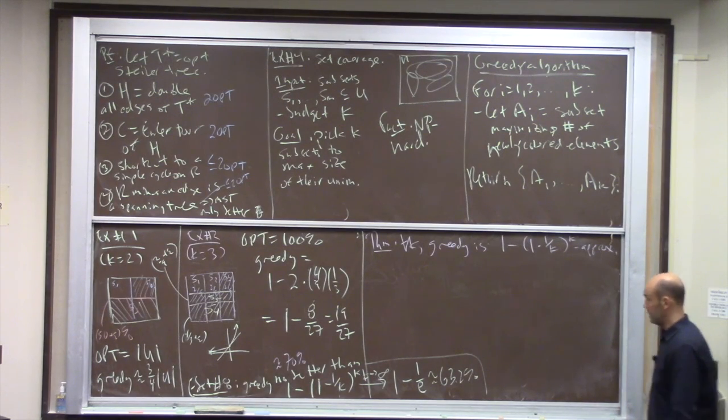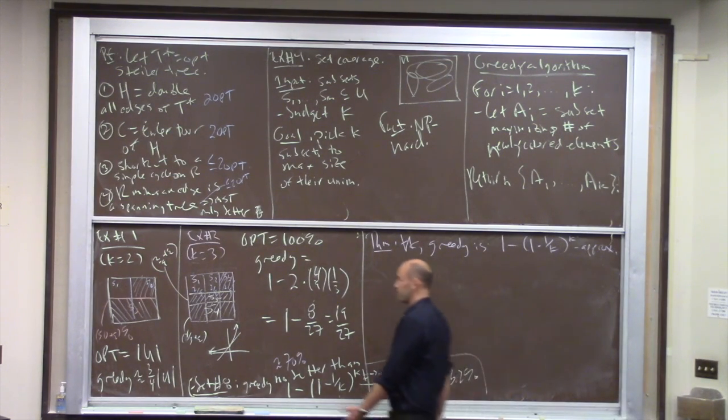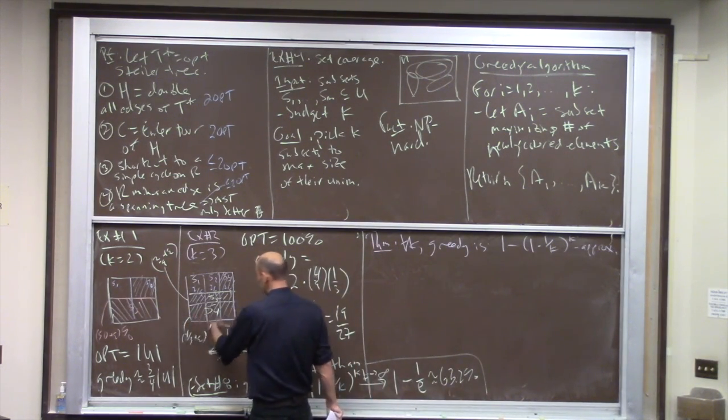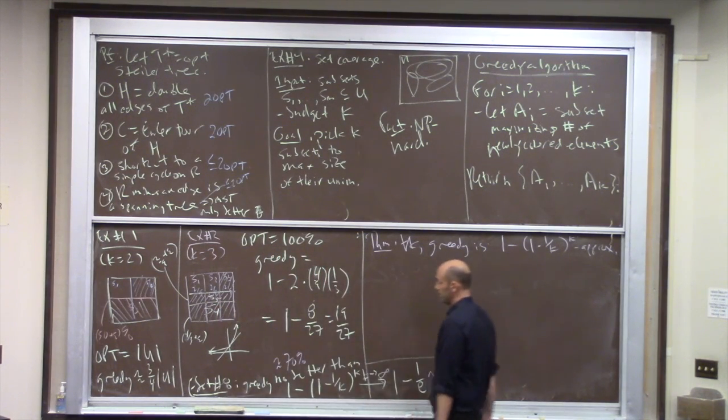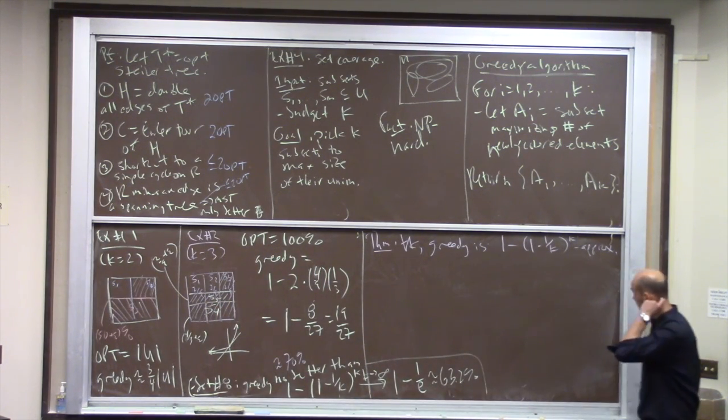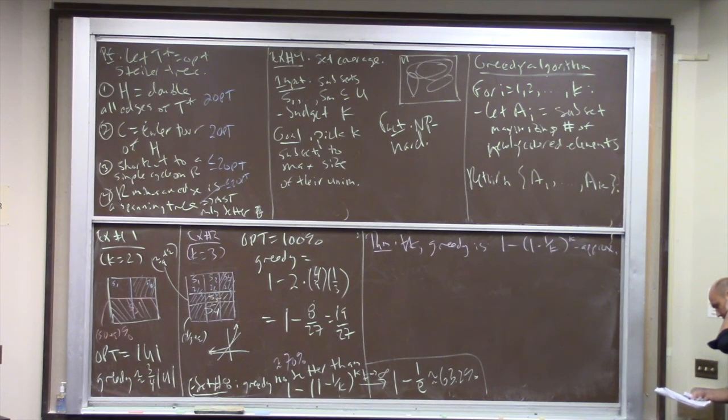So this is literally the worst example you will ever see when k equals 2. This is literally the worst example you'll ever see when k equals 3, and so on. So the next goal is to prove this. Any questions? Everyone clear on the problem, the algorithm, the statement, the tightness?